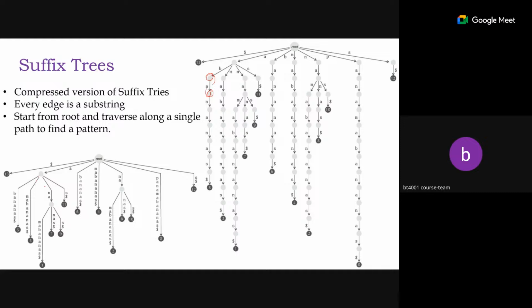If a node has multiple out-degrees, then we don't merge or trim it; we just trim the nodes with in-degree and out-degree equal to one. That way we constructed this suffix tree.